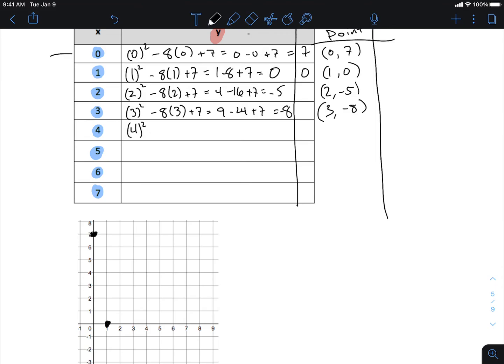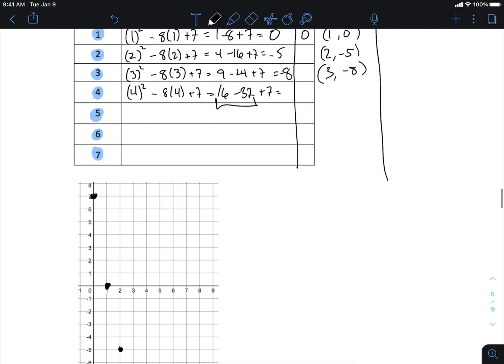4 squared minus 8 times 4 plus 7. That has to be 16 minus 32 plus 7. 16 minus 32 is going to be negative 16, okay? Negative 16 plus 7 should be negative, what do we get? 16 plus 7. Sometimes I have to write them out too.